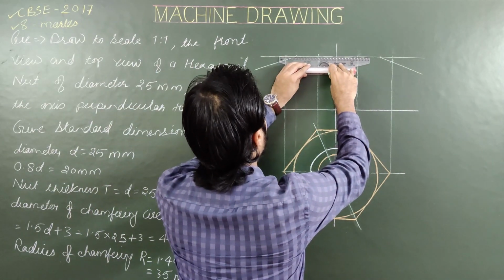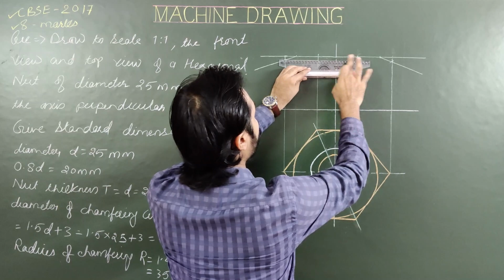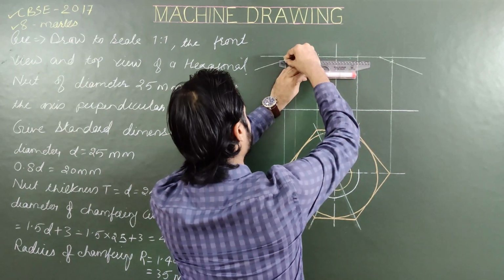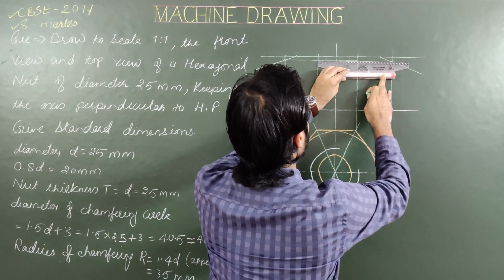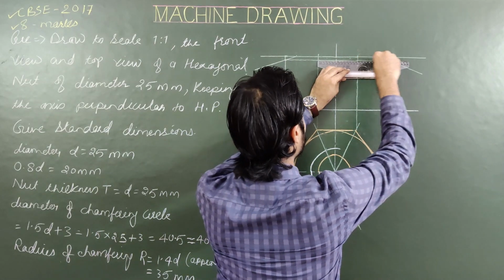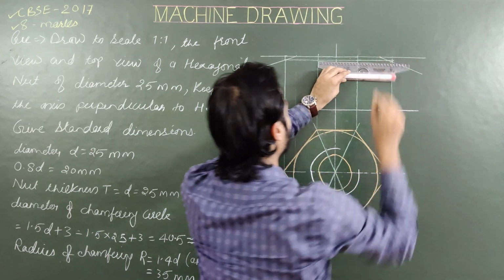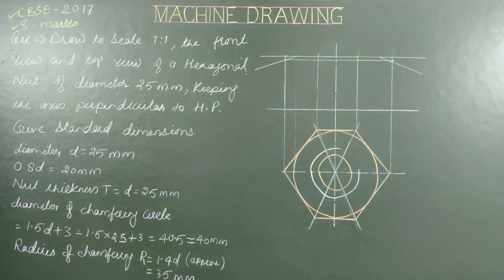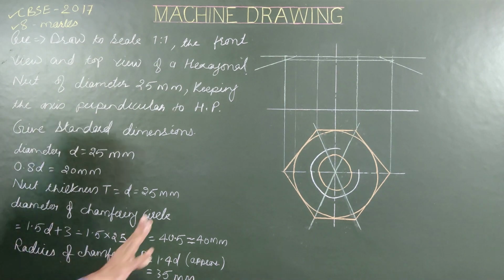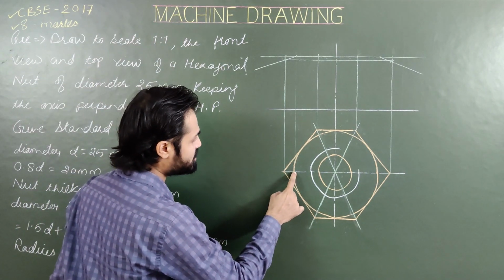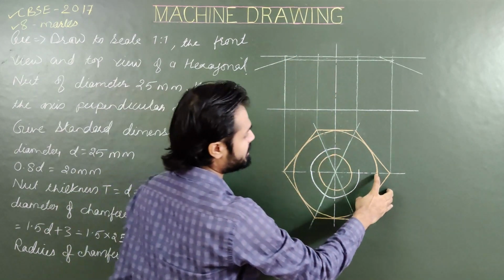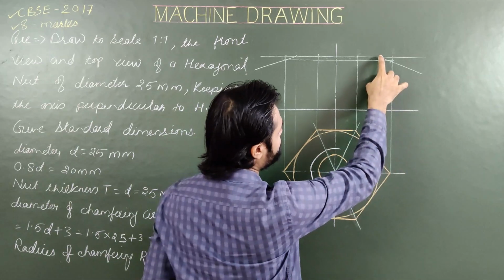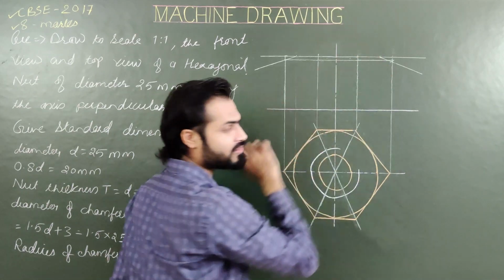Next, draw a line passing through these 2 points. And all these lines are construction lines, so please use a light pencil, 2H pencil. Right. So what to do? Project this point up to the top face of the hexagonal nut. Project this point up to the top face of the hexagonal nut.